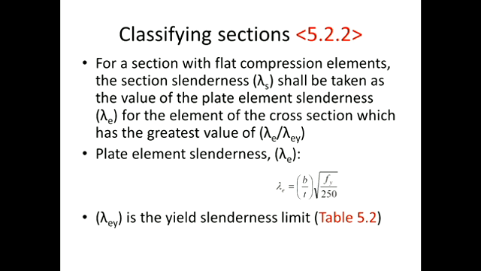So if we have a section, we look at the different elements within that section, and we determine the values of lambda e for each of those elements, and then based on the values we get in terms of this ratio, we'll be able to define the value lambda s.